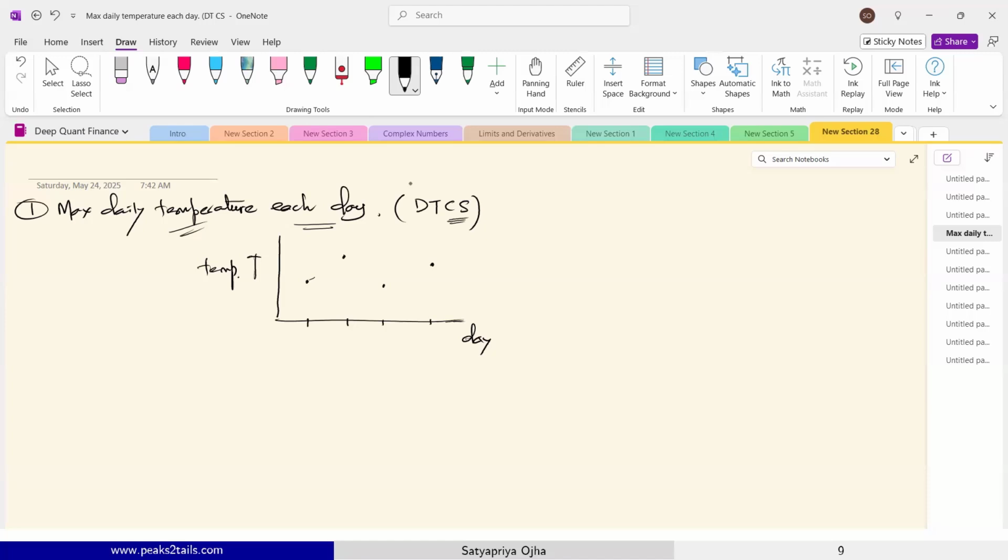Can I do this? Is this correct? This is not correct because then you are saying there are values in between the dates. That is not possible because you are only measuring at discrete time. The value is available only at discrete times, not in between those. However, you can still do this to realize the shape of the curve.